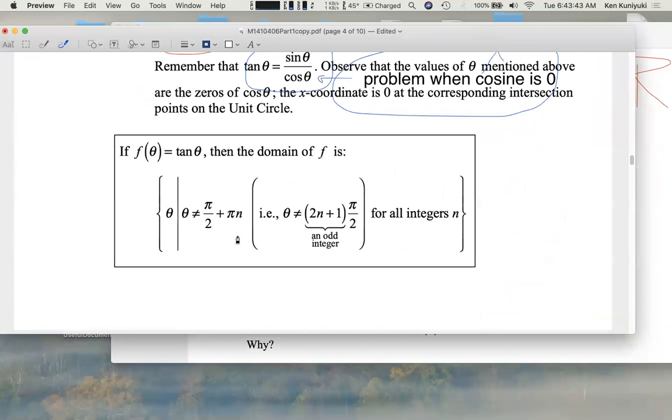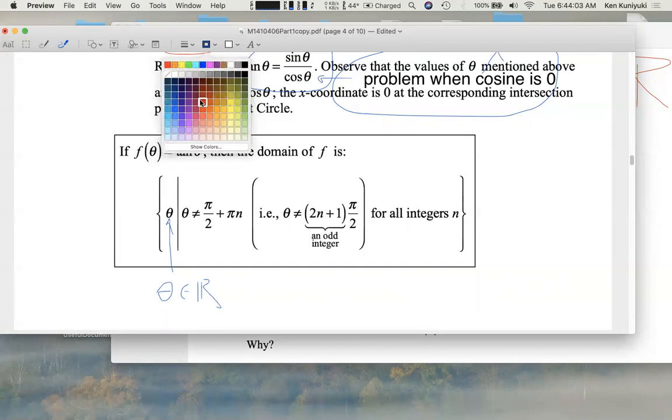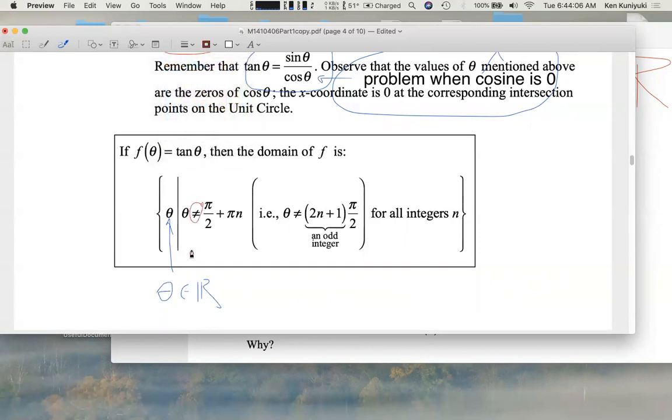The domain of the tangent function is the set of all real values of theta. Nowadays, I like to write this: the set of all values of theta in the reals. I like to put in the reals. The set of all theta values in the reals such that theta is, take a look at this, I'll put this in red, such that theta is not of the form pi over 2 plus pi n.